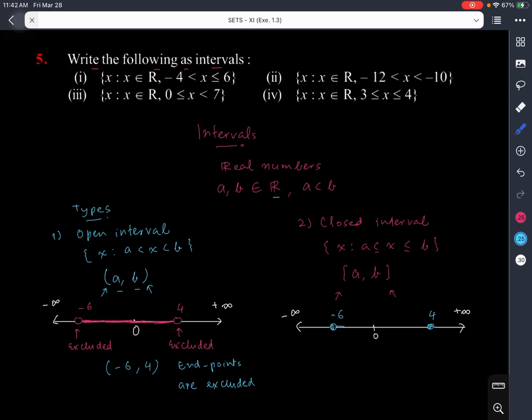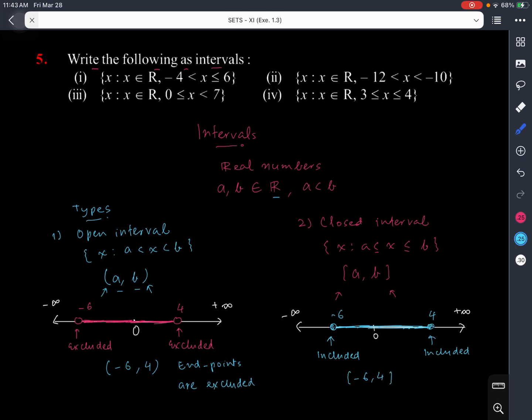So all the values lying between -6 and 4 will be taken in this set with endpoints included. Here one can see that x is greater than or equal to a, which means a is to be included, but x is less than or equal to b, which means that b is also to be included. So here the interval will be [-6, 4] enclosed in brackets.